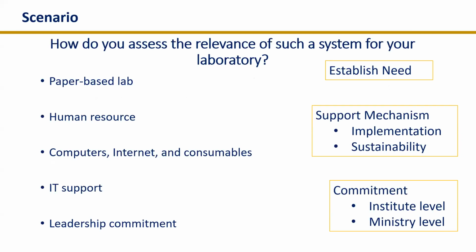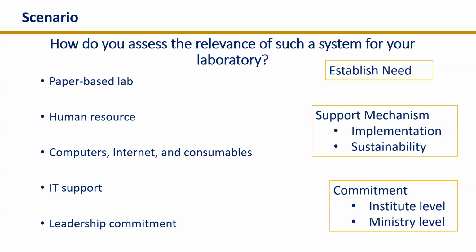But if you decide to get one, which in this case you have a fund to purchase it, the question is if this fund extends to also maintain and support the system. That's one of the things that you need to take into consideration.